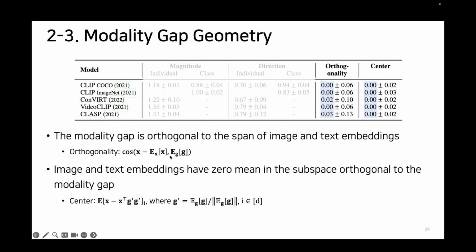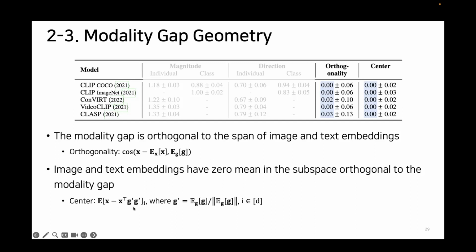And the image and text embeddings have zero mean in the subspace orthogonal to the modality gap. So if the center is 0, then we can say like this. So in this equation, we subtract some factor related to the modality gap here.